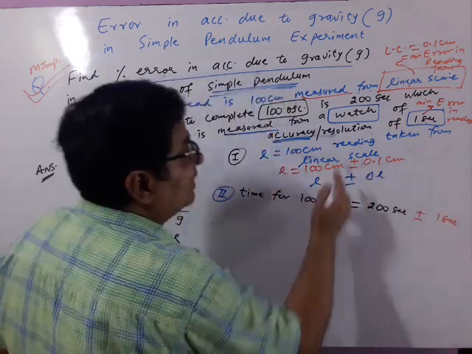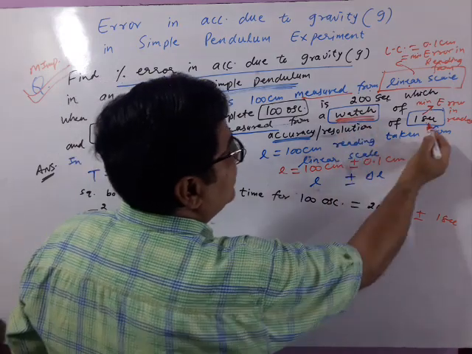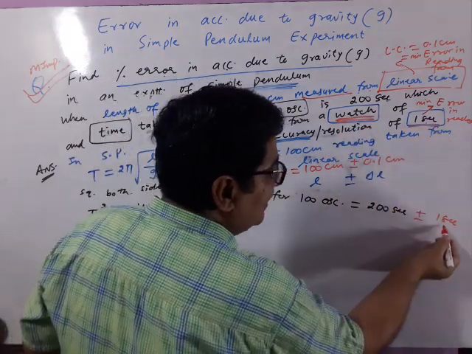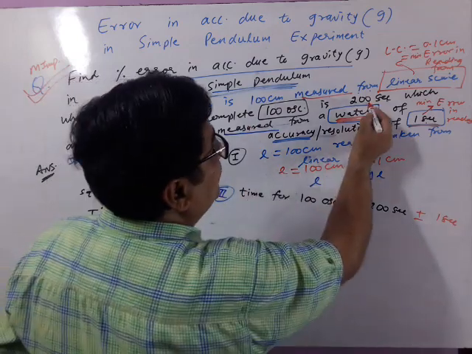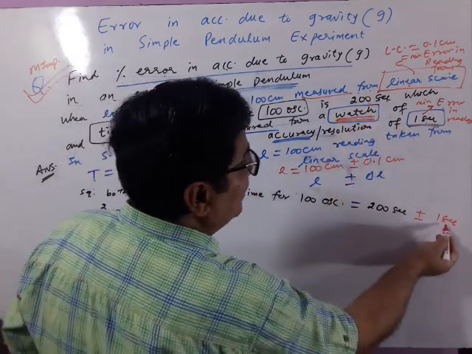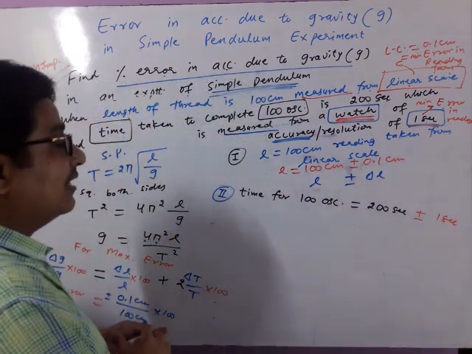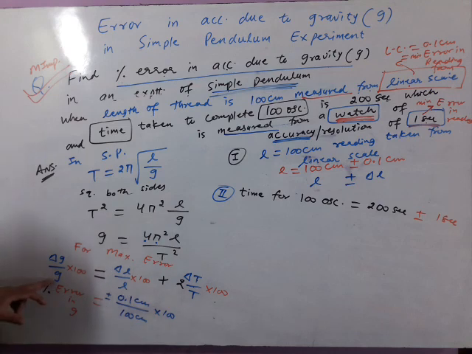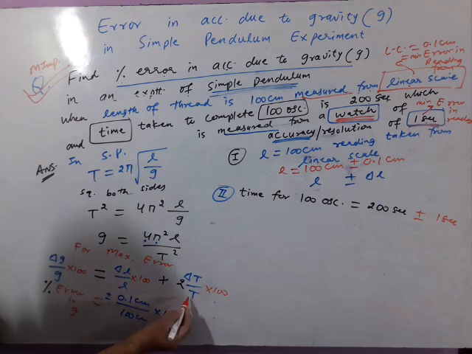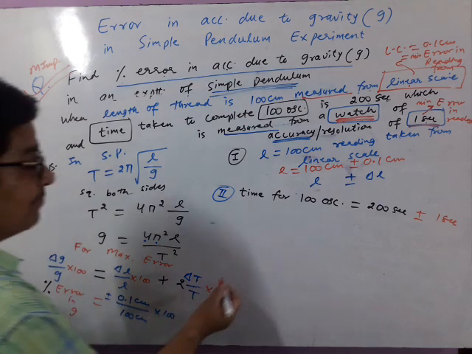You may take any reading from this watch. Minimum error will be 1 second. In this numerical 200 second reading taken. So minimum error is 1 second. Now we are finding percentage error in G and we require time period. This is time period.